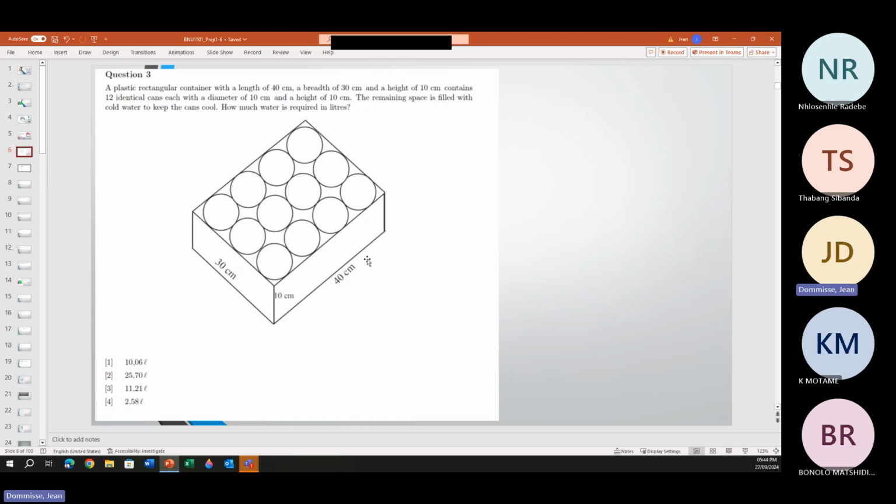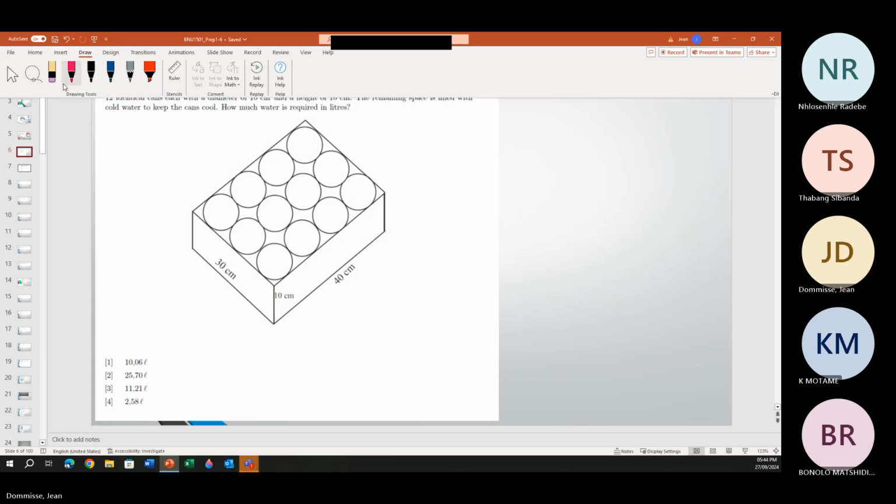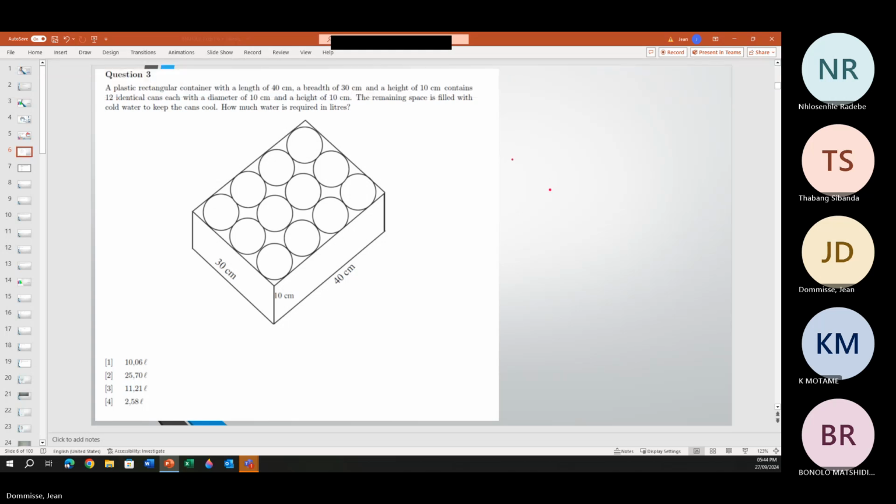So let's first work out the volume, and then we can convert the cubic centimeters into liters. Okay, so let's see what we have.